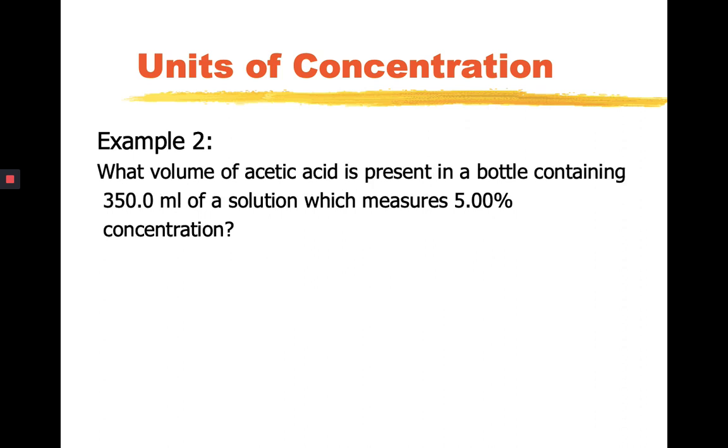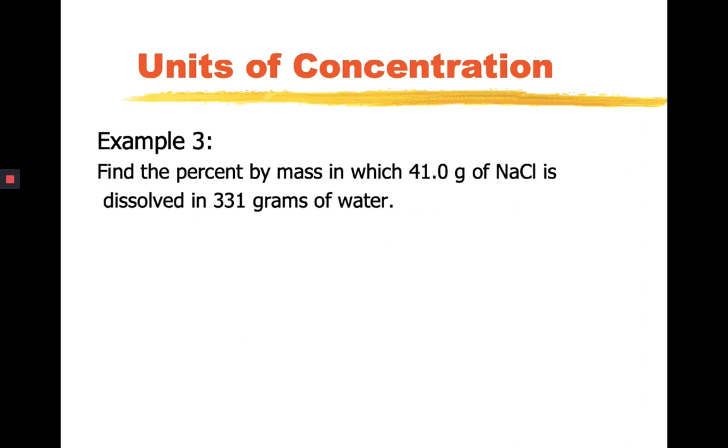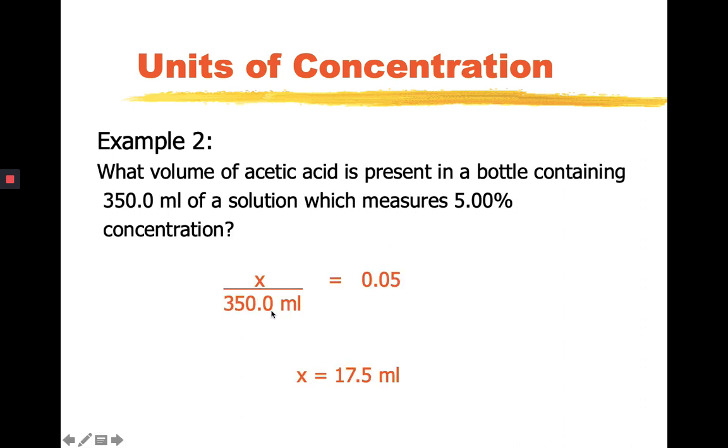What volume of acetic acid is present in a bottle containing 350 mL of a solution which measures 5% concentration? This time it's the other way around. We are given the percent by volume, which is 5%, and the volume of our solution. What we have to get is the volume of our solute. If you form your equation, that's x over 350 mL equal to 0.05.